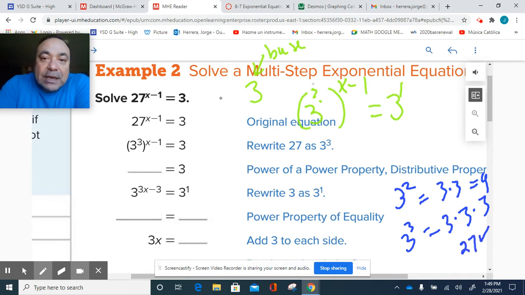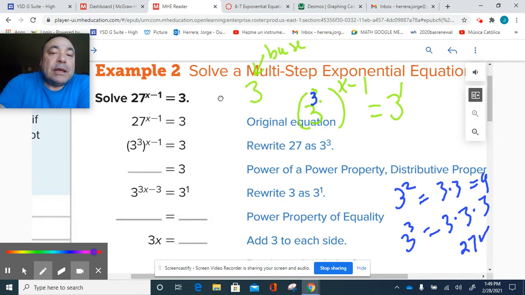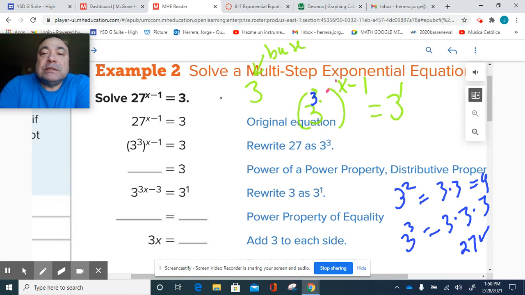So you say, hey, that's a 3 right there. And you know when you have a power to a power, you multiply. So now you're going to multiply 3 times this whole thing right there. So what I have here is 3 to the third power, x minus 1, equals 3 to the first power.